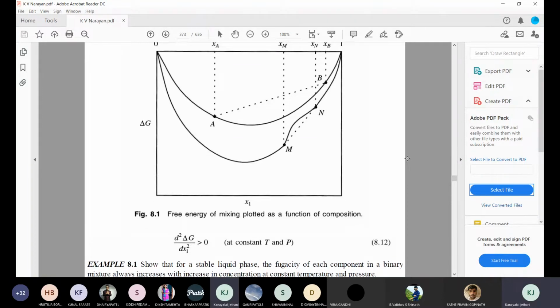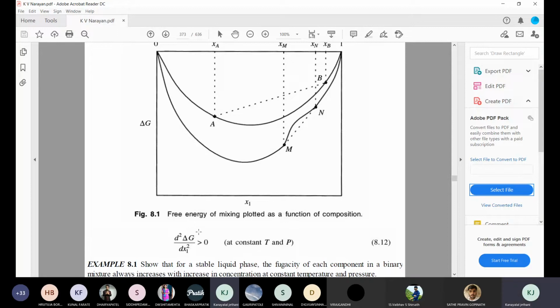So we had seen this, so for stability it has to be a continuous curve, right? And this is also the condition for stability, and this happens only when you have a continuous curve. When you have a discontinuous curve like this, when it turns like this, at least your diagram should be correct.